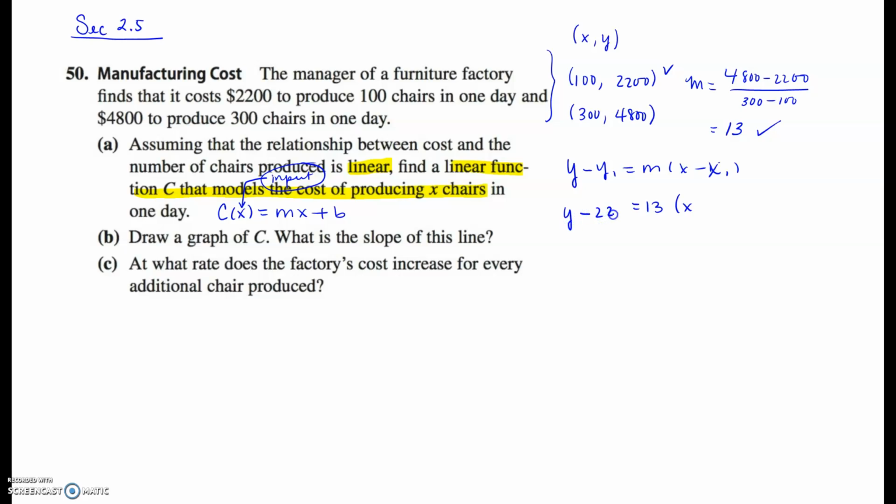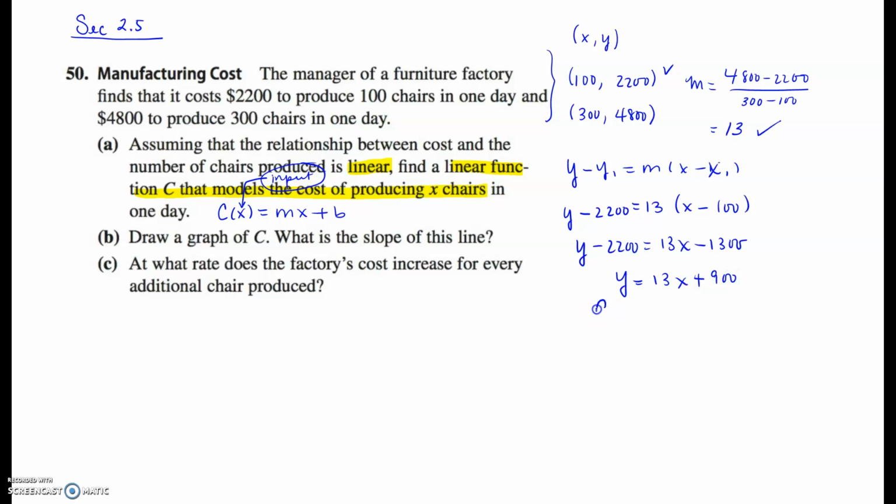Y minus the y coordinate, x minus the x coordinate, and then we end up with y minus 2,200 is equal to 13x minus 1,300. We'll go ahead and add over 2,200. So 2,200 minus 1,300, just put that into my calculator, gives us 900.